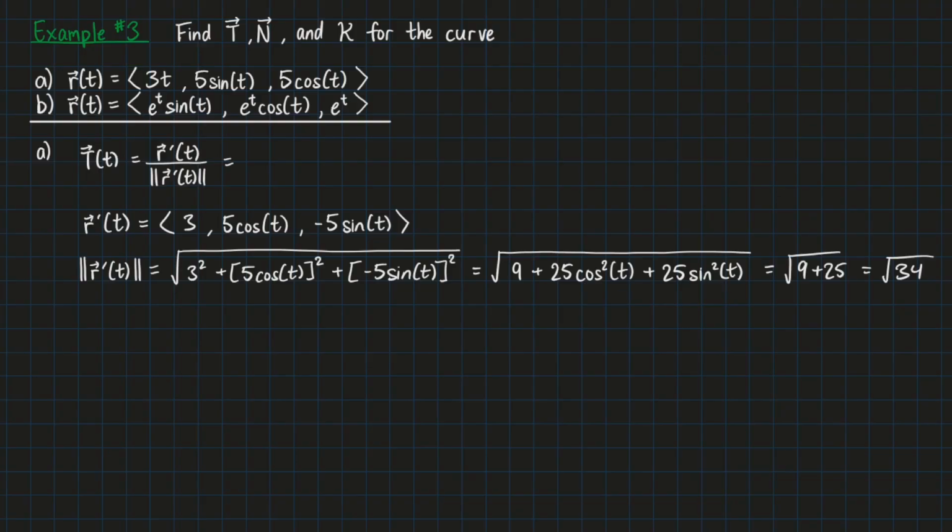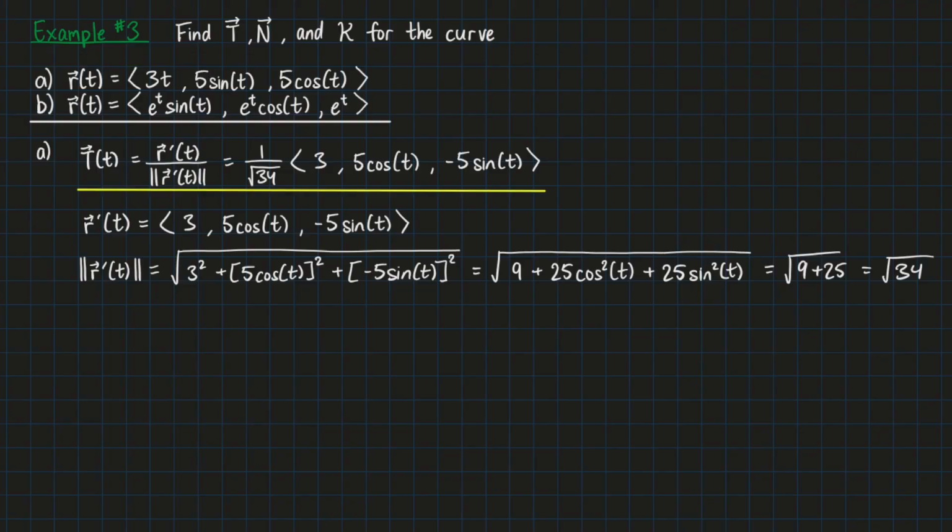Alright, so we have r' and the magnitude of r'. So we can find our unit tangent now. There's r' in the numerator. There's the magnitude of r' in the denominator. I'm going to rewrite this as 1 over root 34 times r'(t), because this format is more beneficial to us as we work through the rest of the problem.